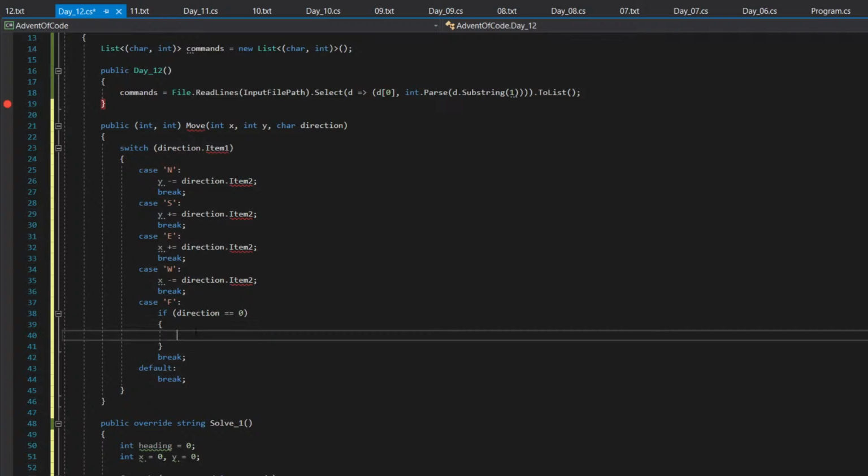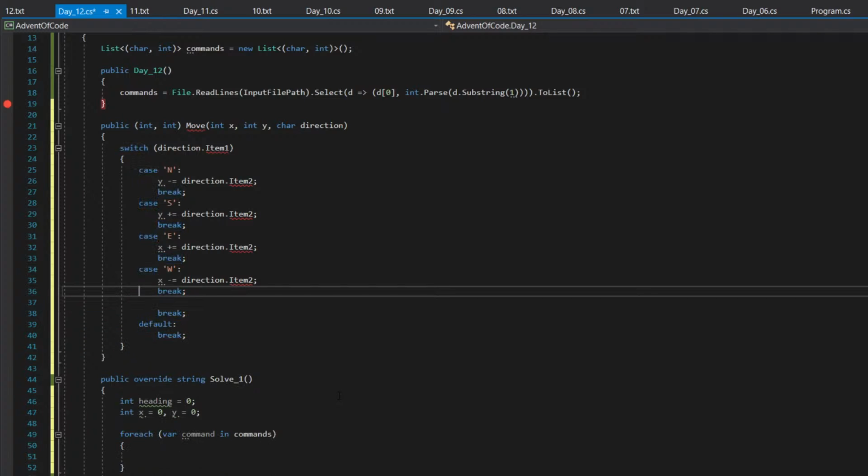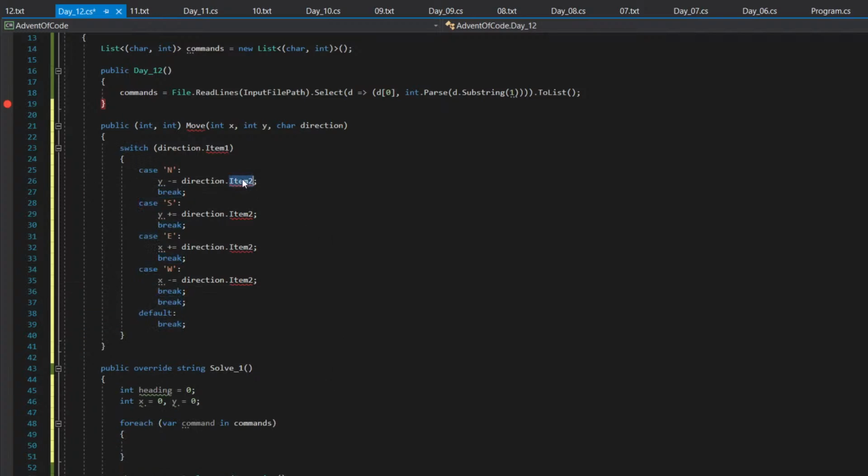And I guess special case for F, R, and L. Oh, and length, I guess.